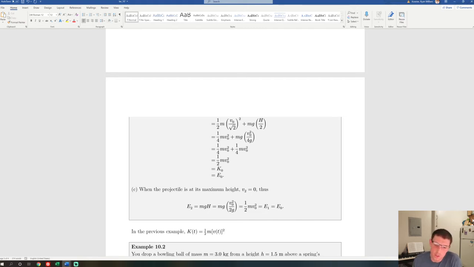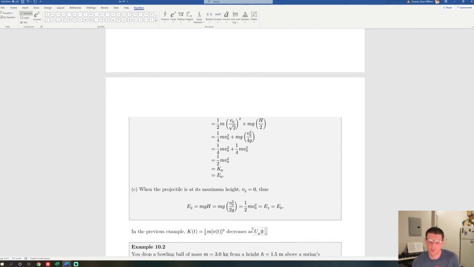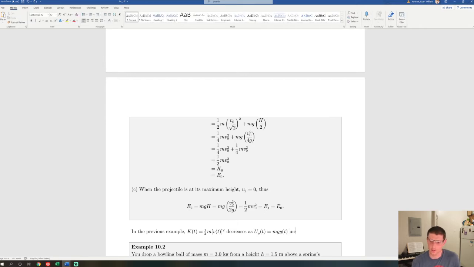So this is decreasing, and it's decreasing as U, our gravitational potential energy, increases.